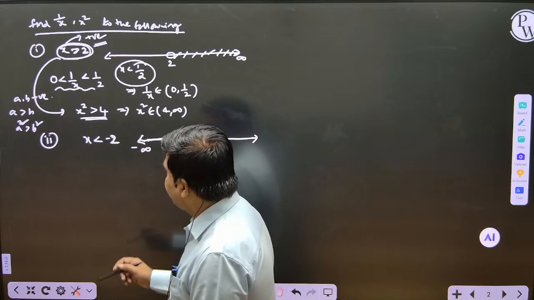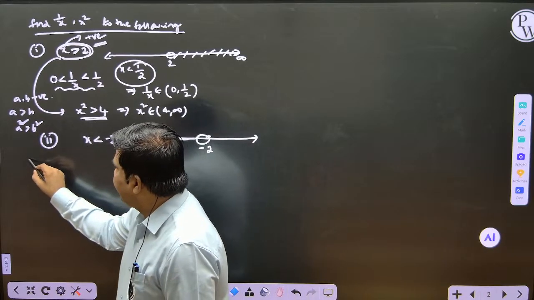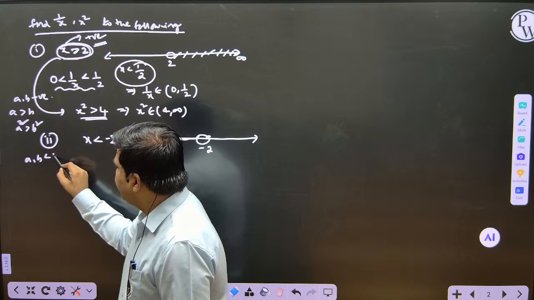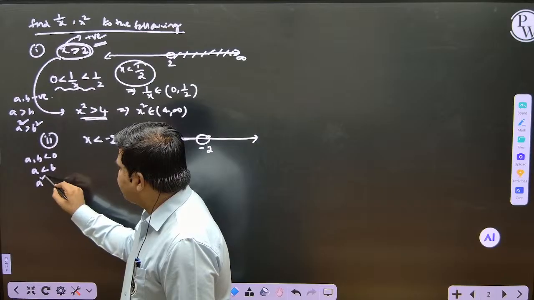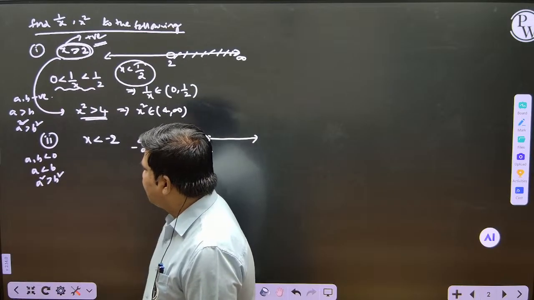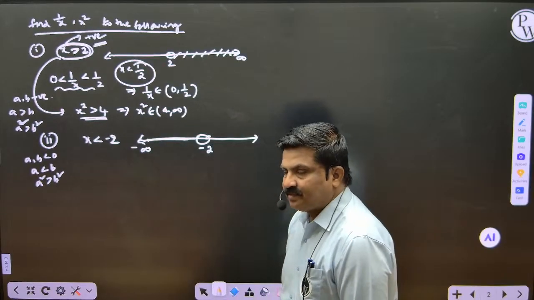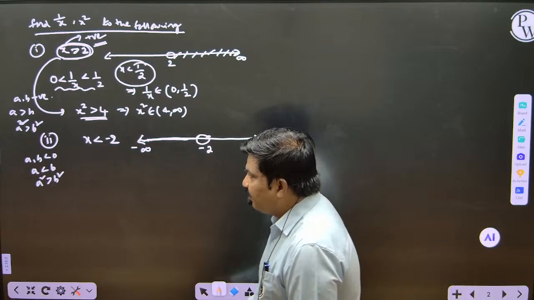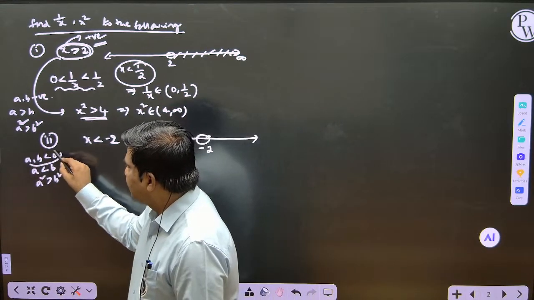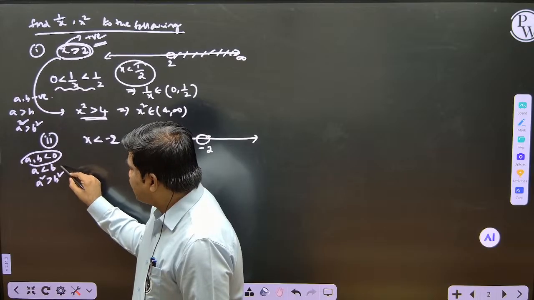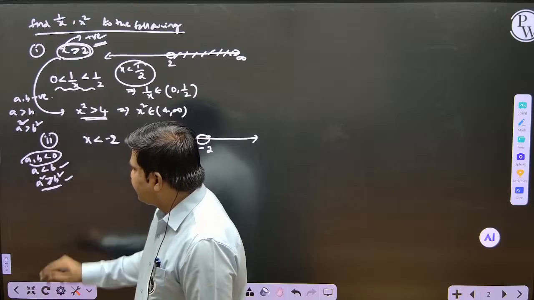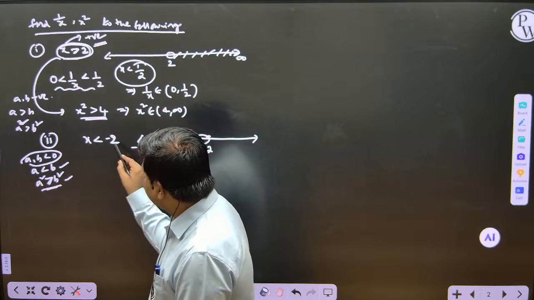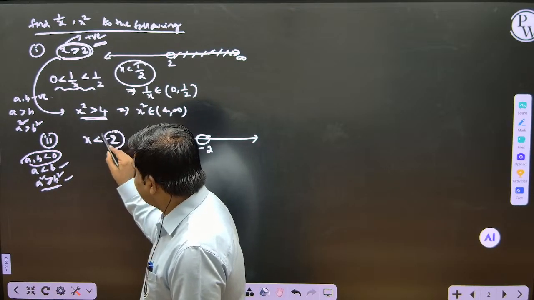Then both are negative here. When a and b both are negative and a is less than b, then obviously a square is greater than b square. Why? When both are negative, by squaring it, the inequality interchanges.